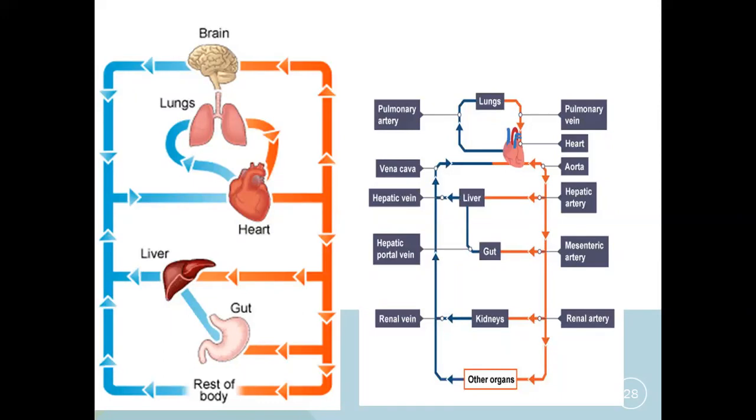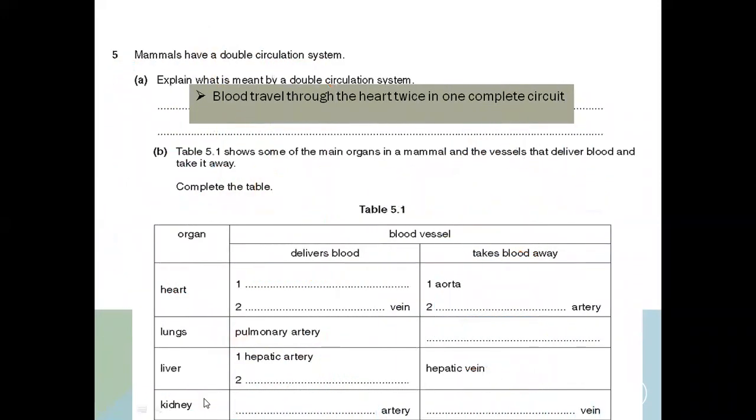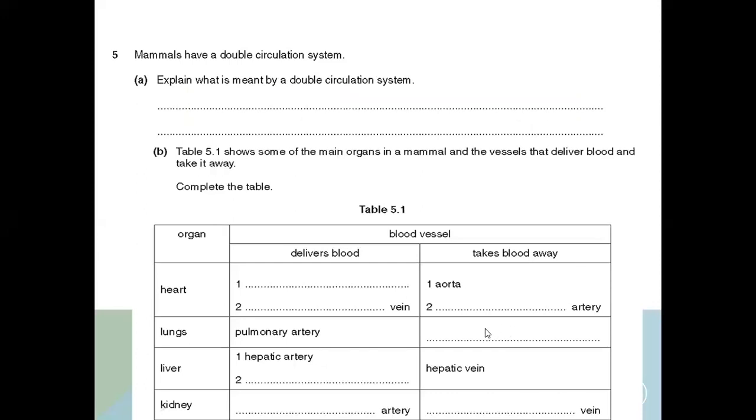Now another question I have, so let me move back toward the slide. Deliver blood. The pulmonary artery is related to the lungs, so it delivers blood to the lung, while the blood vessel that takes blood away from the lung is the pulmonary vein.